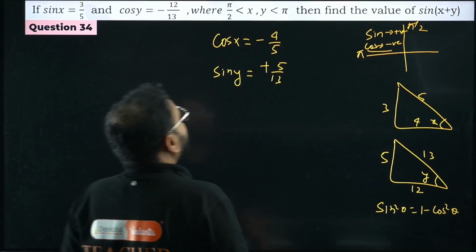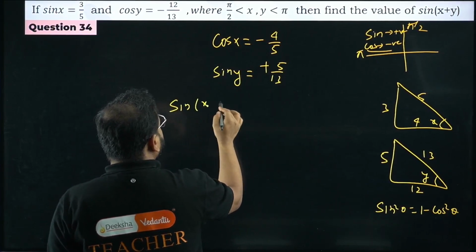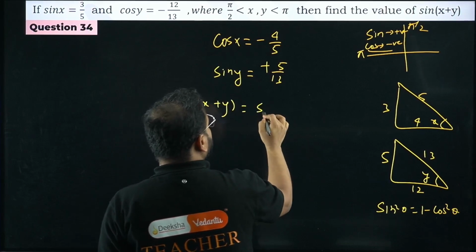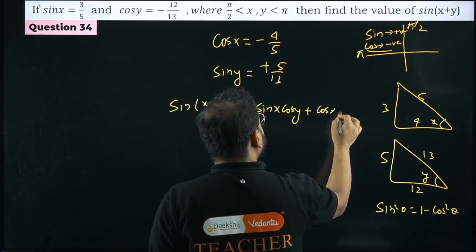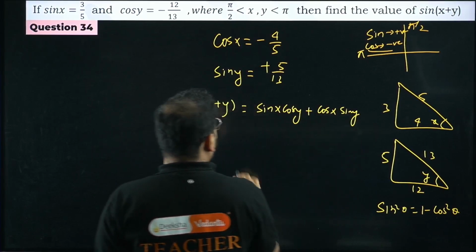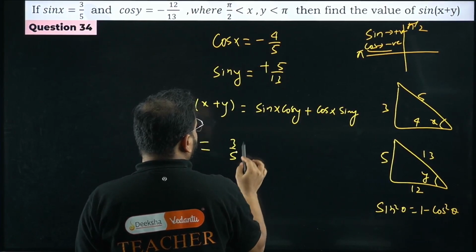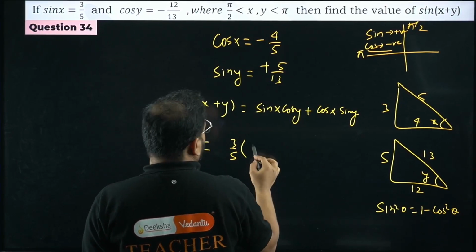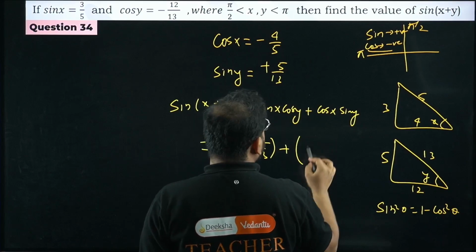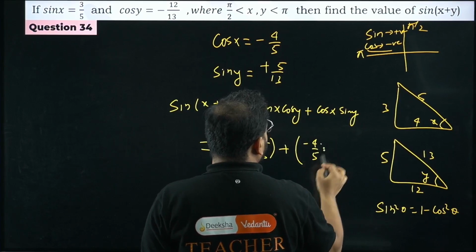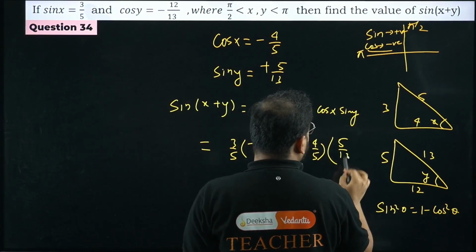What are they asking? Sin of x plus y. Open this. Formula is there. Sin x cos y plus cos x sin y. Put the values that we have. Sin x is nothing but 3 by 5. Cos y is minus 12 by 13 plus cos x is minus 4 by 5 and sin y is 5 by 13.